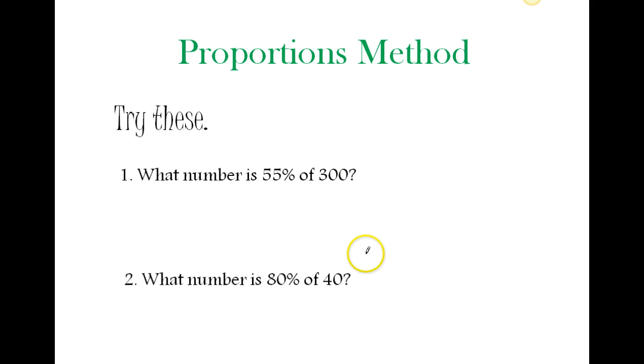All right, the next one, what number is 80% of 40? Once again, let me set my proportion up. 80% is 80 over 100, of 40. 40 goes in the denominator. X goes in the numerator. Cross products.